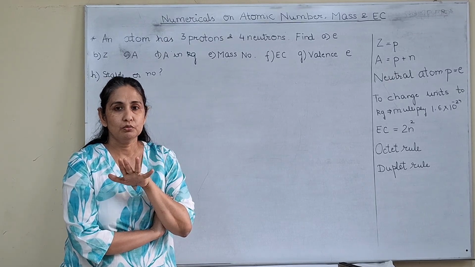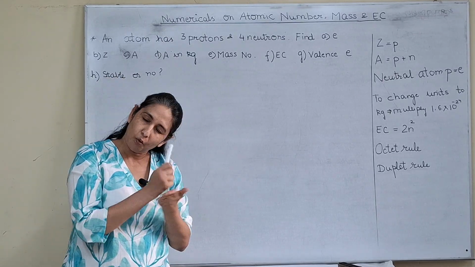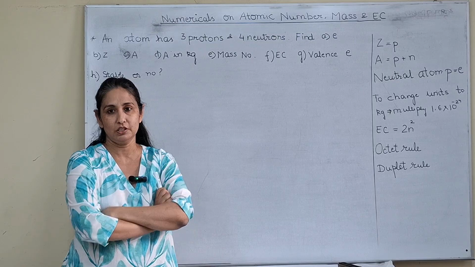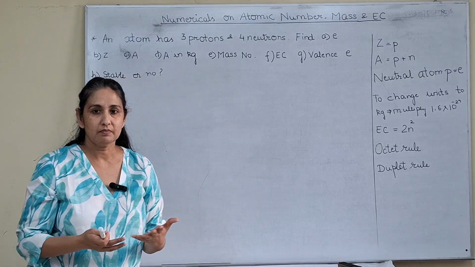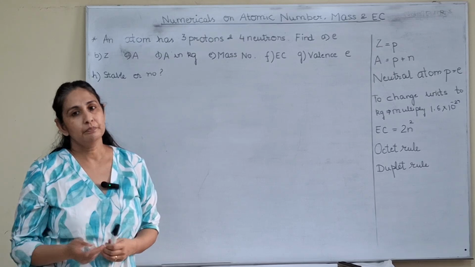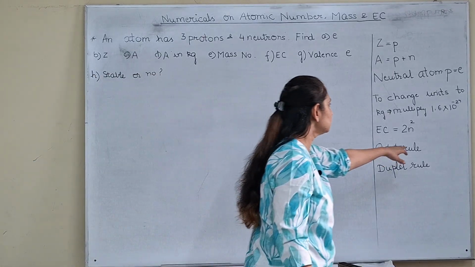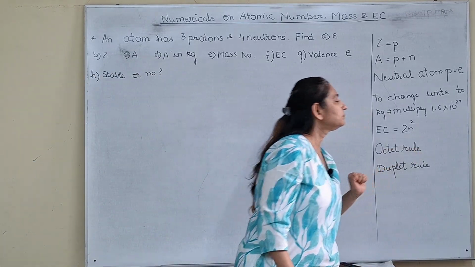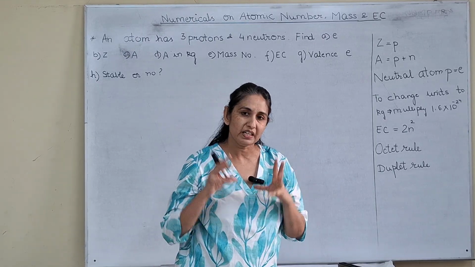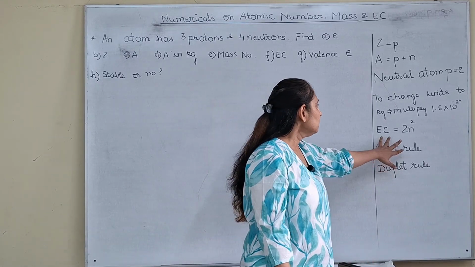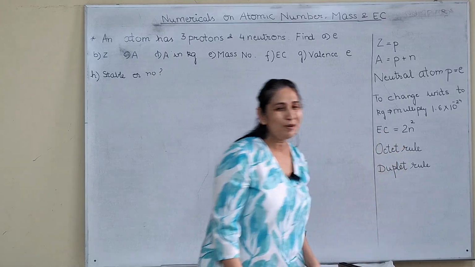So it's easier to do that way. But if suppose we wanted only in kgs, then how do you do that? You have to multiply the units wala number by 1.6 into 10 raised to power minus 27, and it will become kgs, though it will be a very, very small number.